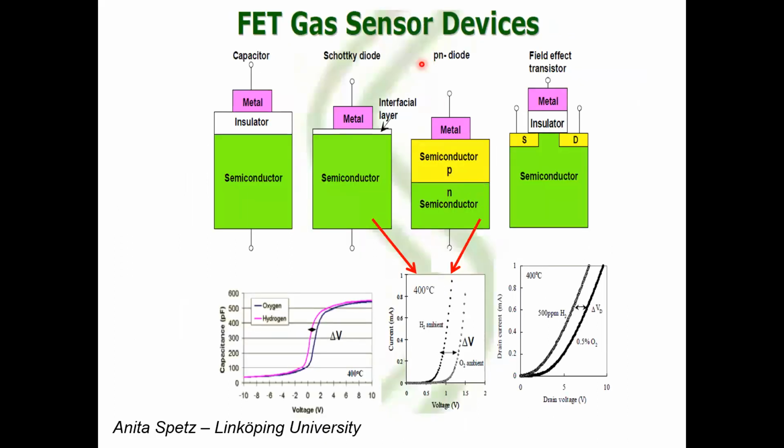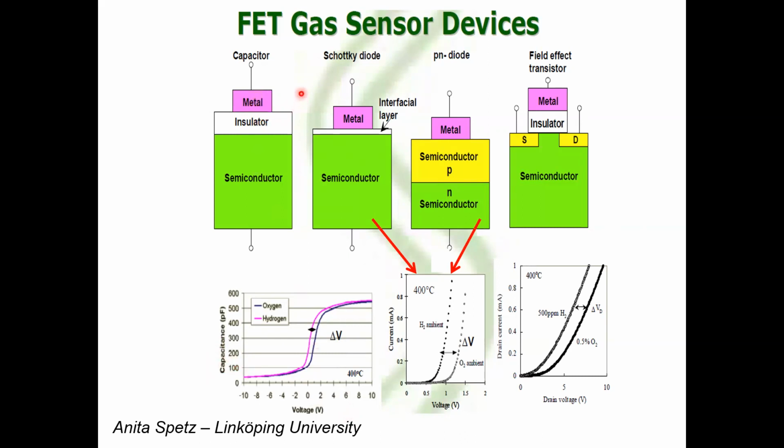The second type, which are the junction-based type, you can make in many forms. One is the so-called capacitive mode. You can make a capacitor on a metal: you take a semiconducting material, put a thin insulating layer with a metal gate, and then you can measure the capacitance versus applied voltage to the metal gate.